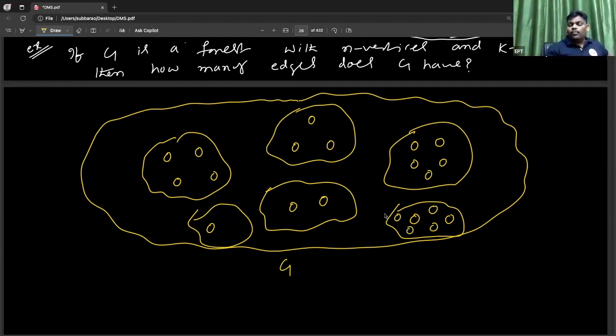Can you help, how many components? 6 components. Next one.